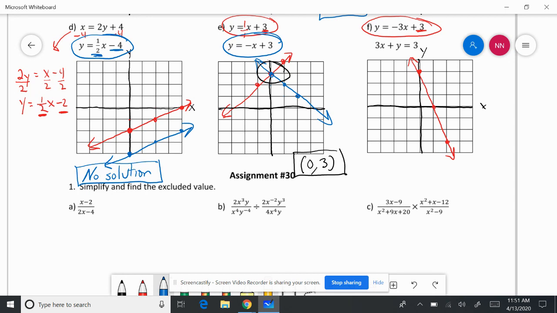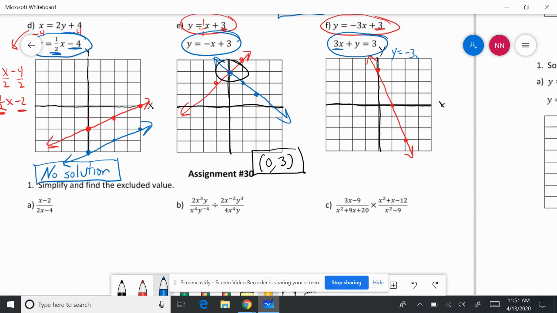Now with my second equation, I'm going to get the y by itself. So I'm going to subtract the 3x. So what I get is y equals -3x plus 3. So that means I go up to +3. I'm going to go down 3 to the right 1, down 3 to the right 1.